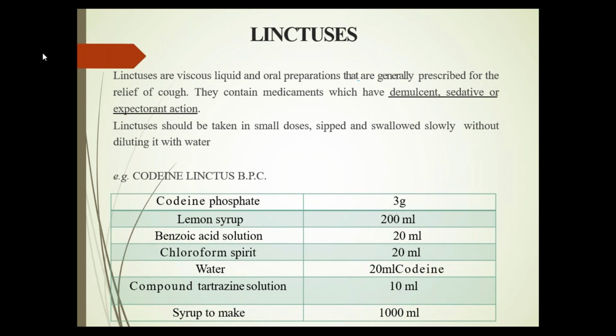Now, looking at the formula, can anybody tell me what is the vehicle we have used here? The solvent used in the dosage form. Which one in the same formula of codeine linctus? You can see many ingredients.